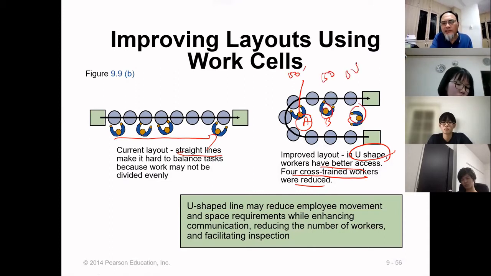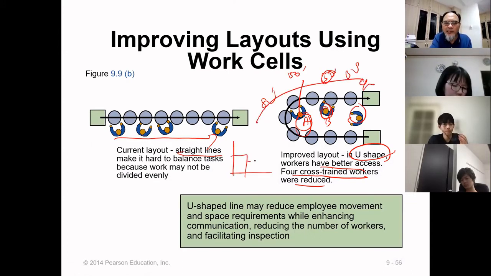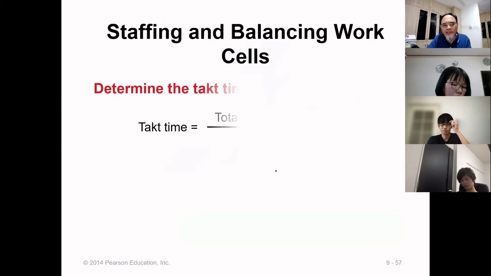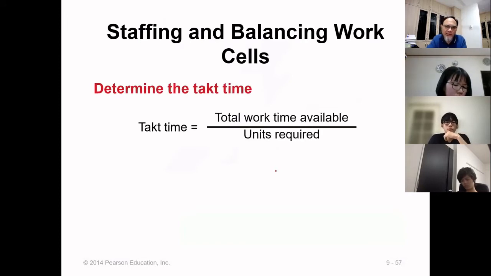You don't want A working 80 seconds, this one 50 seconds, and this one 40 seconds. Then there is no balance of work distribution. There is a method for calculating the balancing of a work cell.